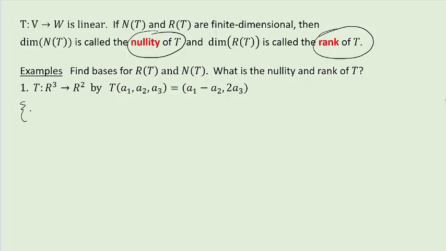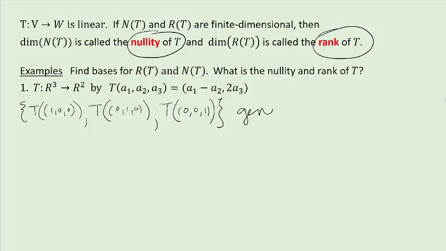The range will be generated by T of 1, 0, 0, T of 0, 1, 0, the standard basis vectors of R3, and T of the ordered triple 0, 0, 1. This generates the range of T. So all you have to do is see what the linear transformation does to the basis vectors of V.